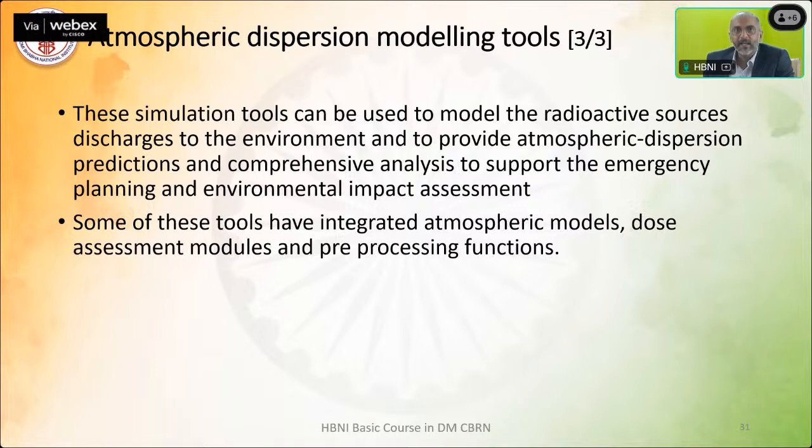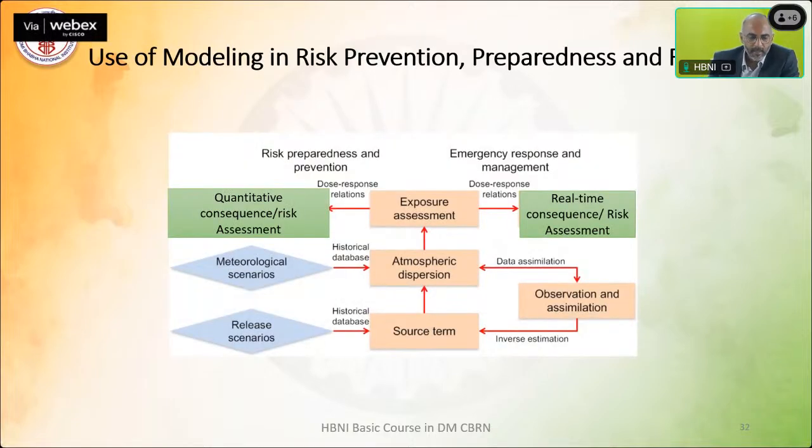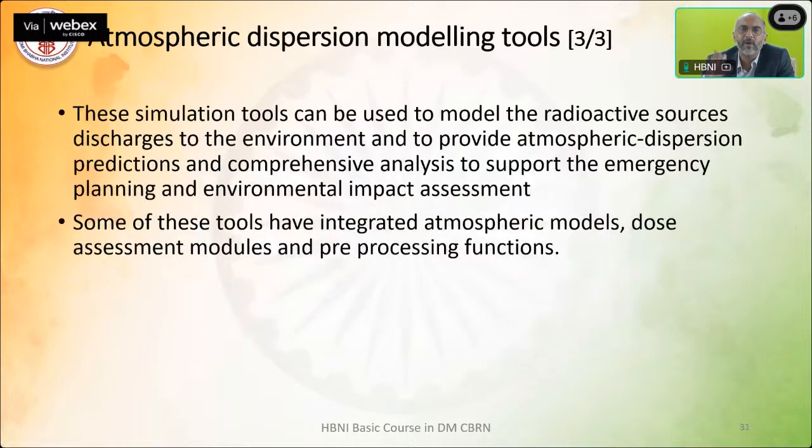And in the next class, I will again discuss some of the applications of these tools, where they are applied, and I will give you a flavor of that. I will also take you through the decision support tools, how these decision support tools are constructed based on these models. When you construct a tool for a decision support system, it should have certain elements which are helpful for making decisions.